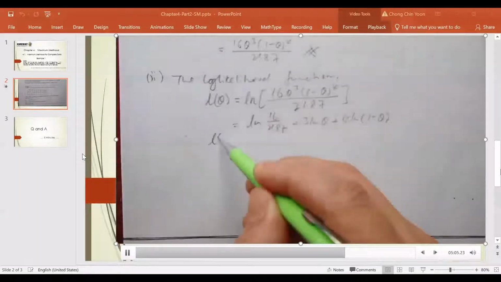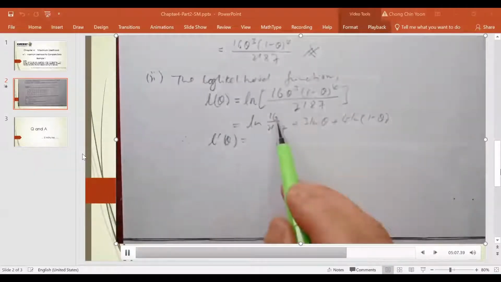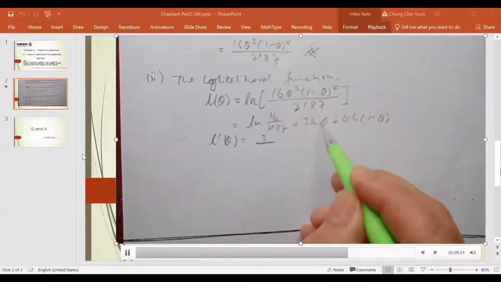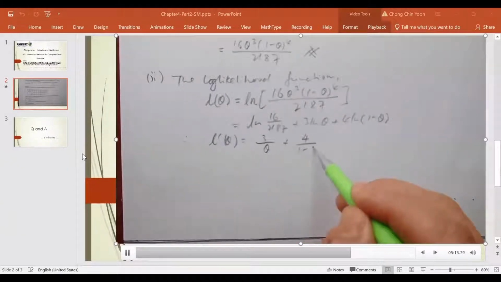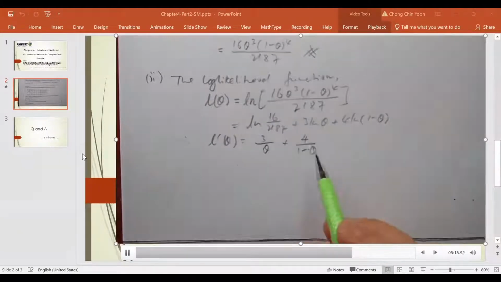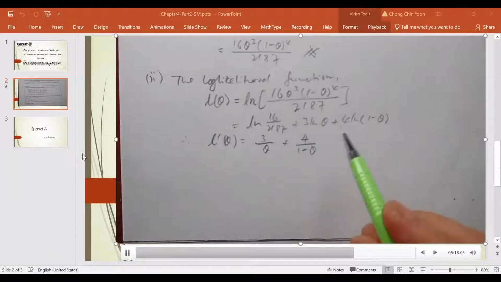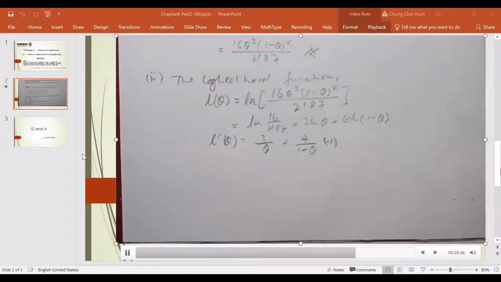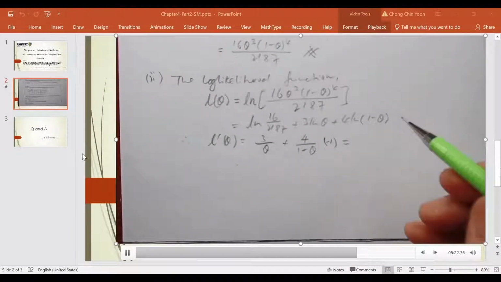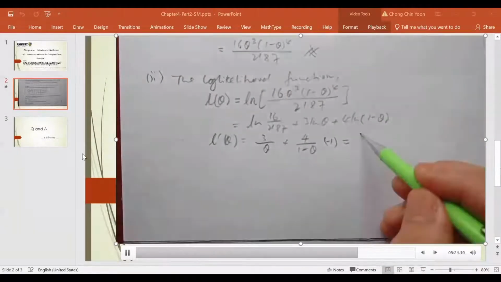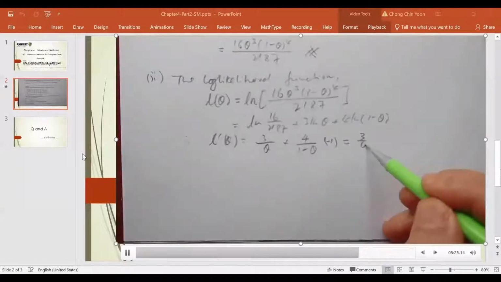So we differentiate with respect to theta. This becomes 0, and this is 3 over theta plus 4 over 1 minus theta, and the coefficient of theta is negative. Simplified, we will have 3 over theta minus 4 divided by 1 minus theta.